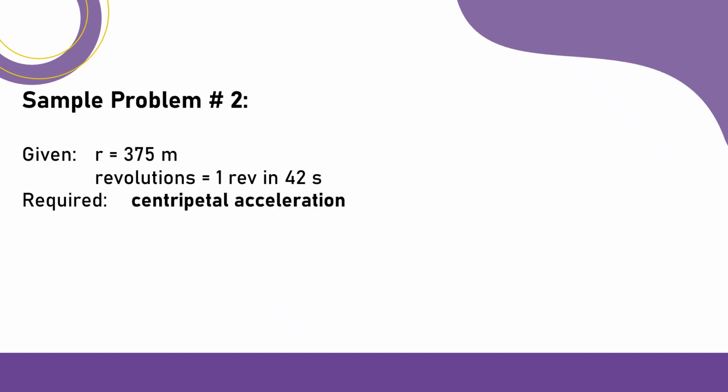Now let's solve sample problem number 2. First, we write the given: r, or the radius, is equal to 375 meters. Revolutions, we have one revolution in 42 seconds, so this would serve as our frequency. Now we are looking for the centripetal acceleration, but we know that we are still going to use our formula for tangential velocity.